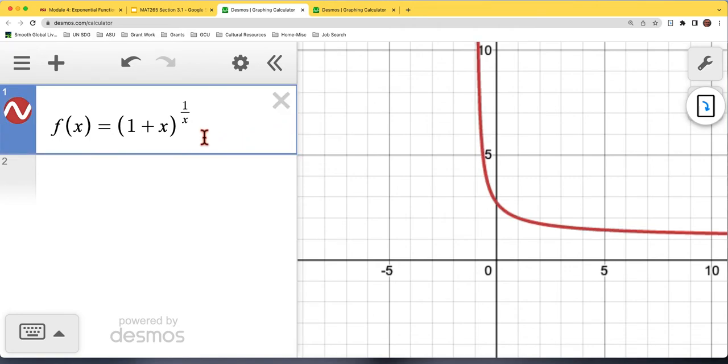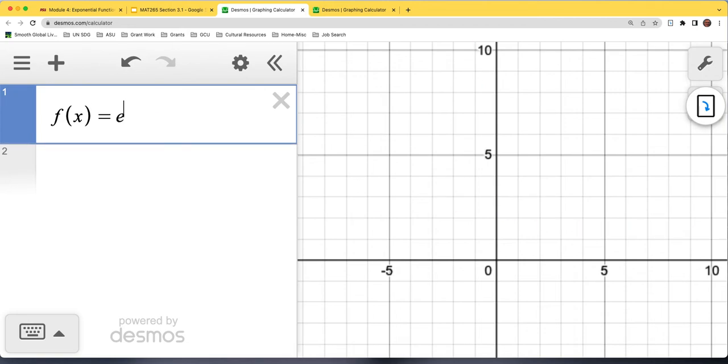Let's change this. So that was this special function. As x gets towards 0, that's how they get the number e. But watch if we rewrite this as the exponential e raised to the x power. And what was e approximately? 2.72 maybe.